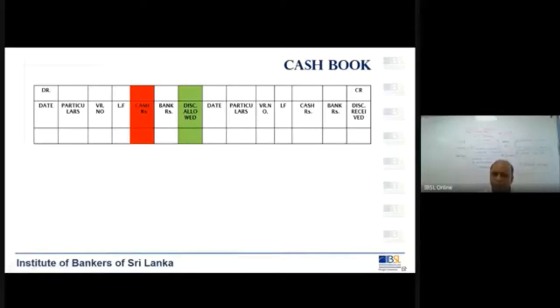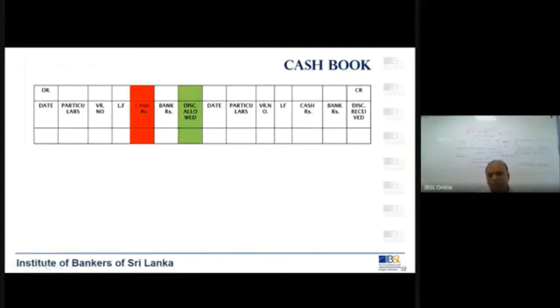That is a P&L account, just like the sales account. So when you do a credit sale and when you offer a cash discount, you have to record the transaction in this column.